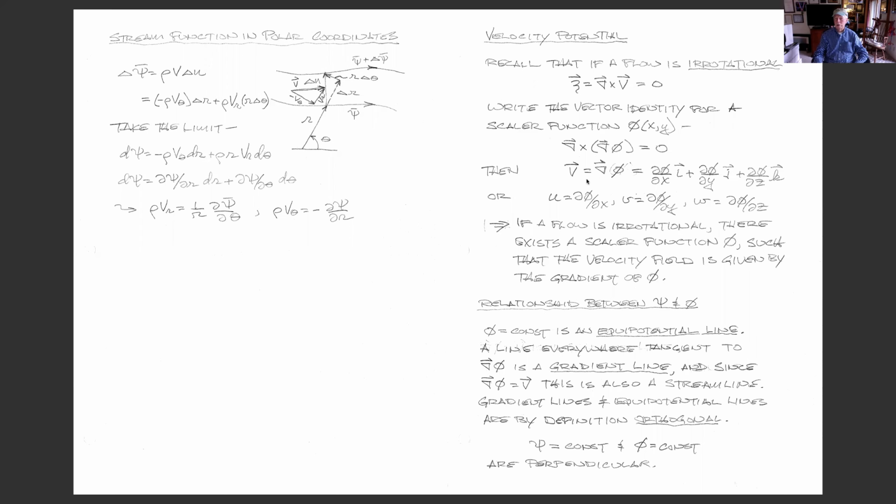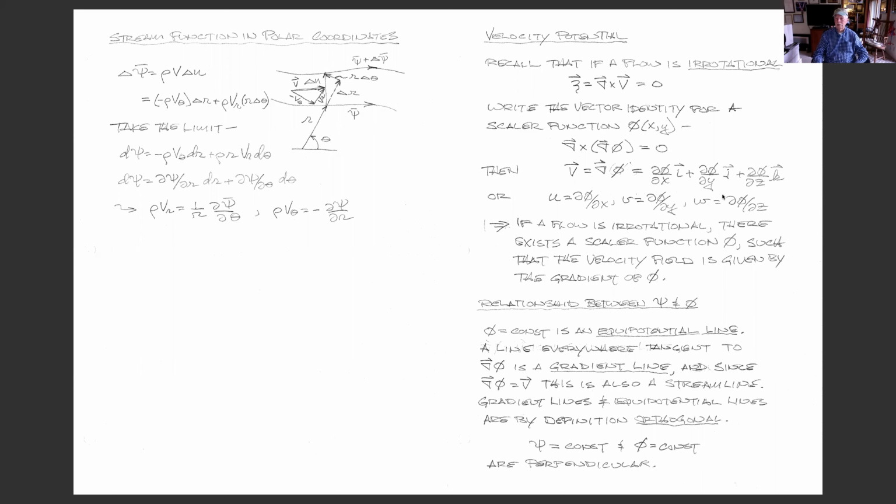Well, what do we know about this? We define it this way from del cross v. V has 3 components. Notice we're 3D all of a sudden right now. We said for an irrotational flow, this exists. And then the vector identity says, hey, we can represent v by del phi like this.